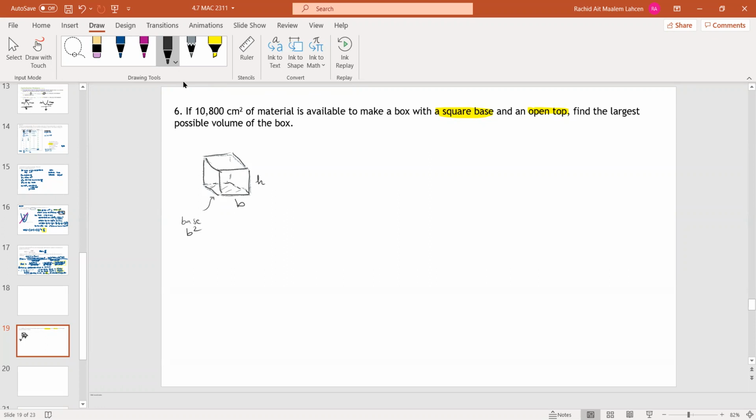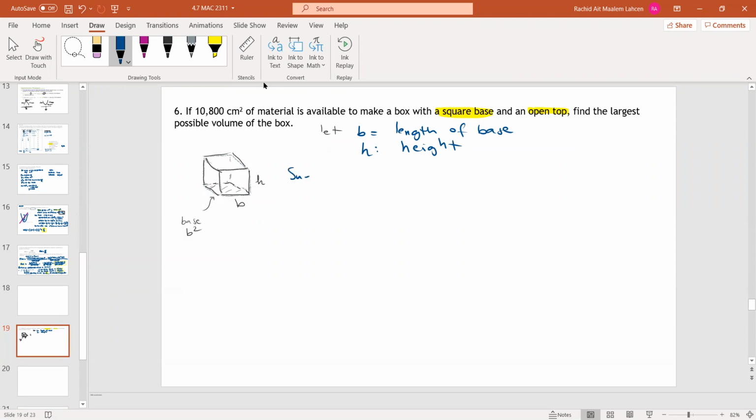All right. So let B be the length of the base, and let H be the height.